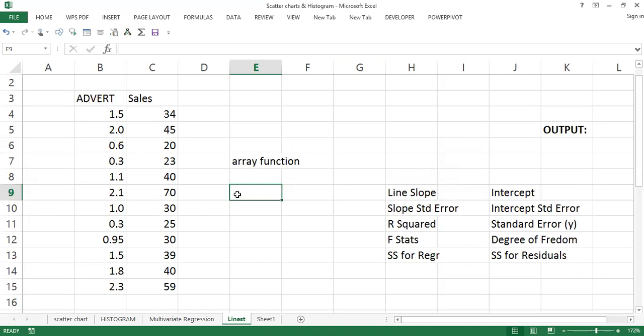The regression output is actually an array function, because it produces multiple outputs. The output is usually displayed in a 5x2 array like this: 1, 2, 3, 4, 5 rows, 2 columns.